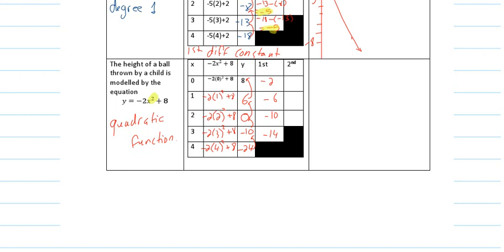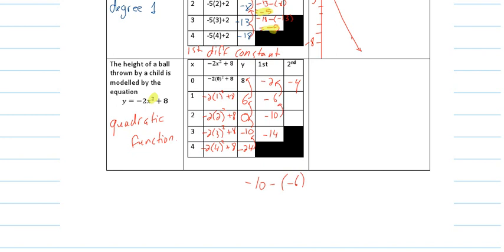So we're going to do negative 6 minus negative 2. So that's going to be negative 6 plus 2, which is negative 4. And then I'm going to take the next one, which is negative 10 minus negative 6. So negative 10 plus 6 is, again, negative 4.